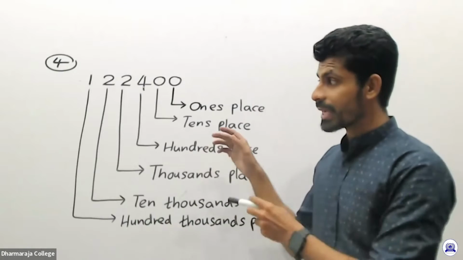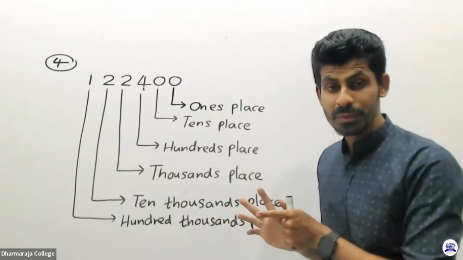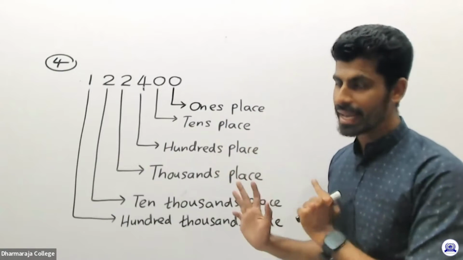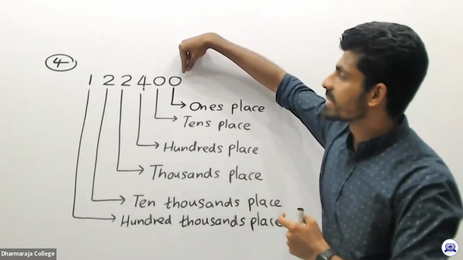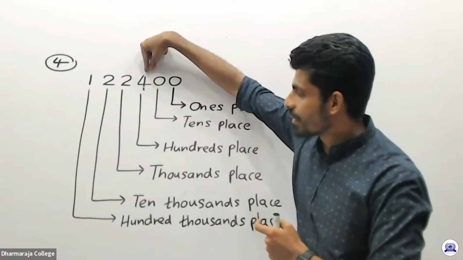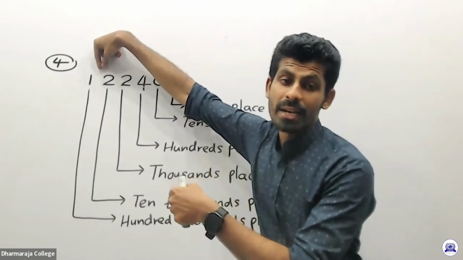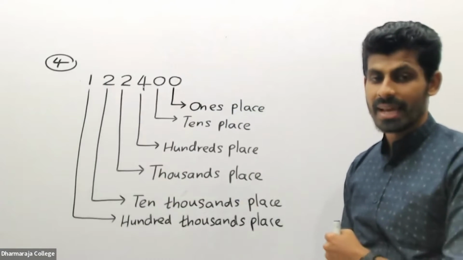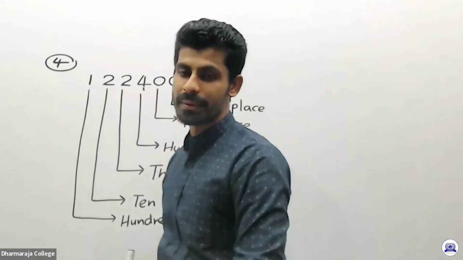Now I know you can represent that value on the abacus, but I'm not going to do that one. This one is easy. Now look at the place values: ones, tens, hundreds, thousands, 10,000s, and 100,000s. Just quickly note it down.